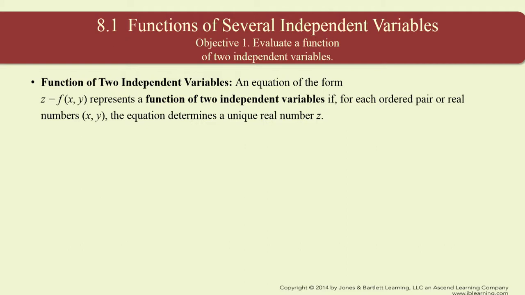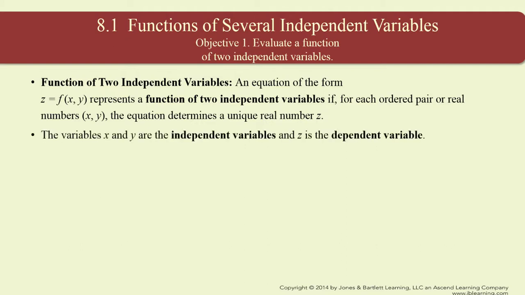So x and y are the independent variables here, folks. z is the dependent variable. And we have that label mentioned here. Variables x and y are independent, and z is the dependent variable. Very important for you to remember that.